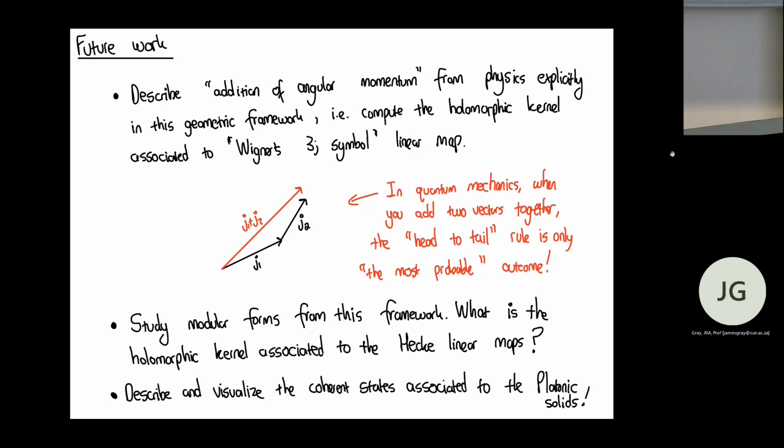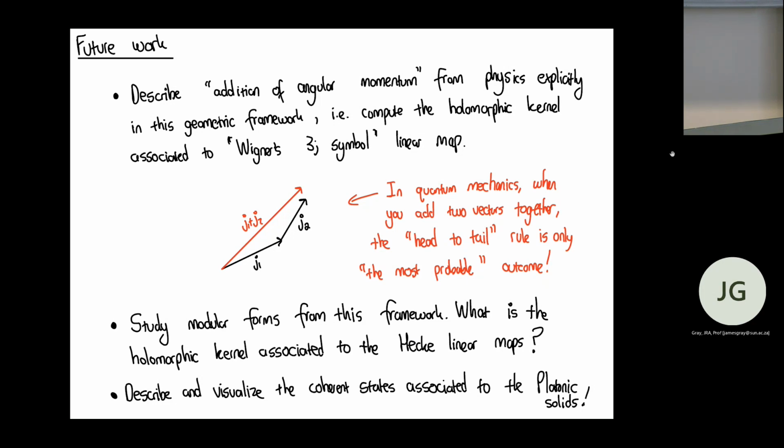What quantum mechanics says is that there's actually a probability distribution for the answers that can come out. The most probable will be that answer, but there's actually a distribution. And I'd like to calculate that distribution explicitly. It can be done in this framework. So that's some future work.